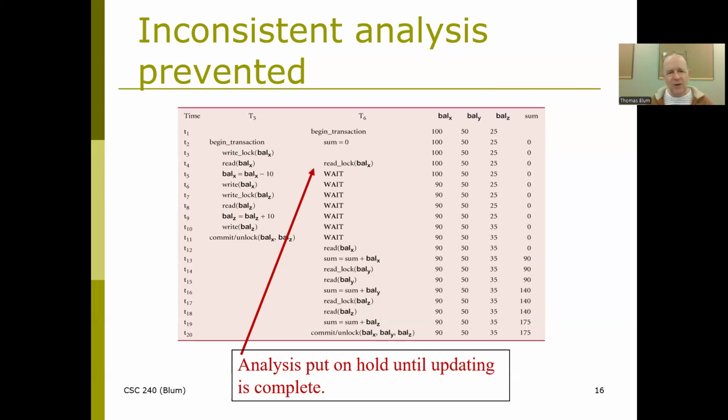Here we see transaction six actually started a little bit ahead, but it's doing some calculation, initializing some variable which had nothing to do with the data. In the meantime, transaction five gets started, and it wants to move money around in some accounts, and so it puts in the locks.